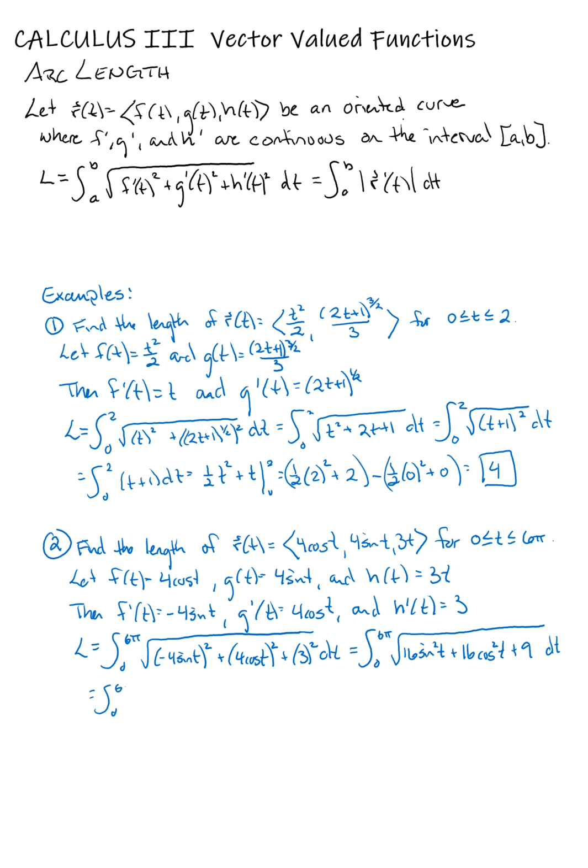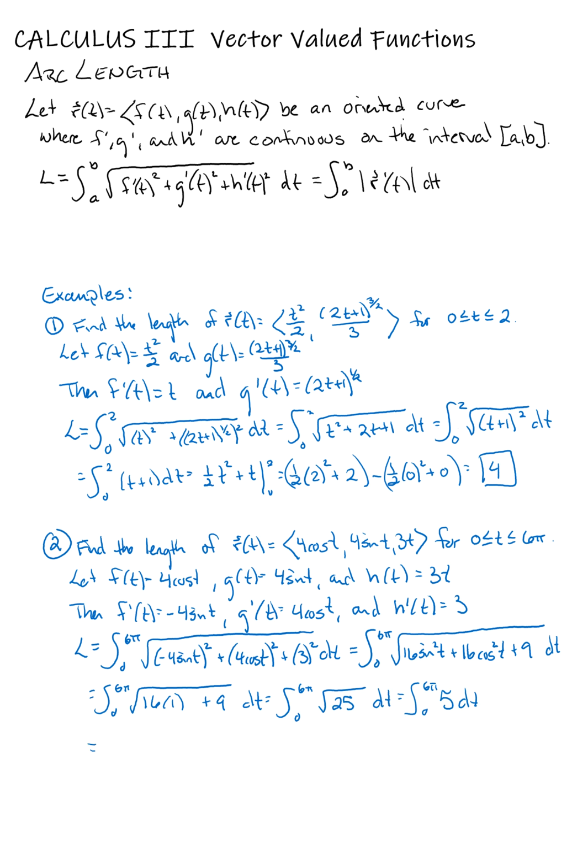Well, this looks like it's going to work out nicely as well. Let's see, I can factor out the 16 from sine squared t plus cosine squared t. That's going to be just a 1. So we end up integrating from 0 to 6 pi the square root of 25, which is just 5.